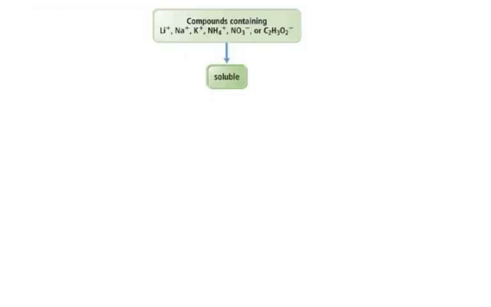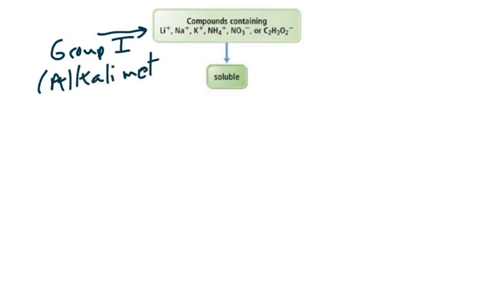Here's a flow chart combining those first two rules. So according to this, and we can add the other group 1 elements here, anybody that's an alkali metal, let's include that. They're always going to be soluble, and if it has ammonium, nitrate, or acetate. So let's put a couple of examples here.